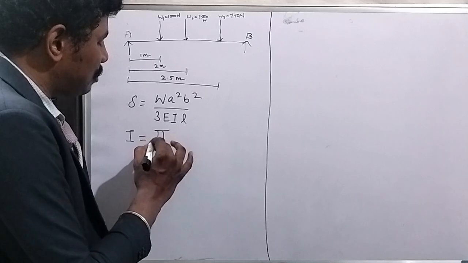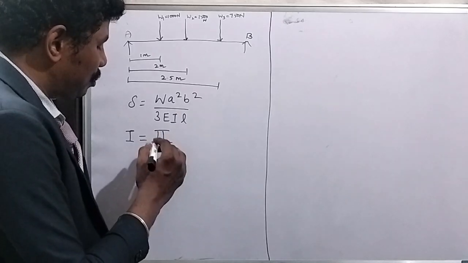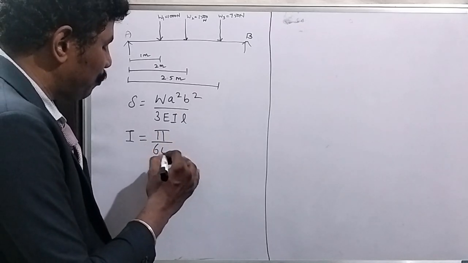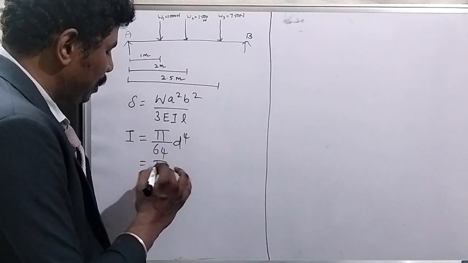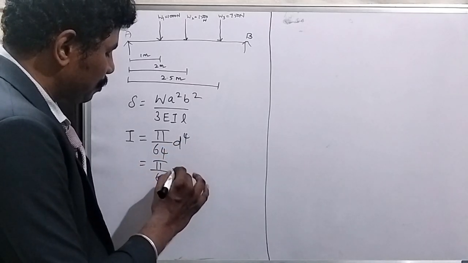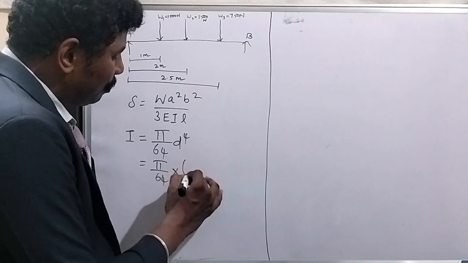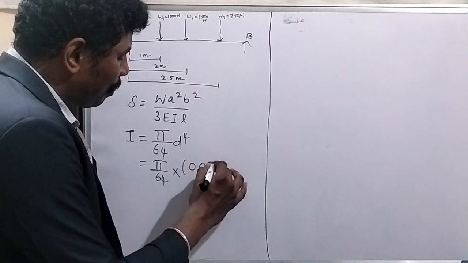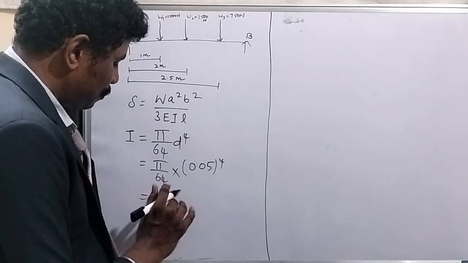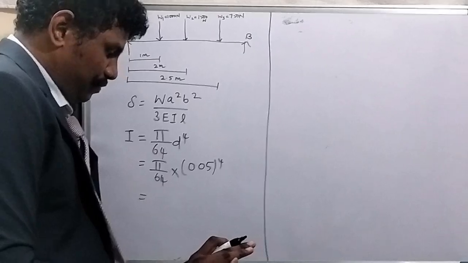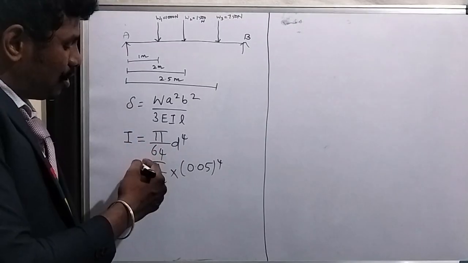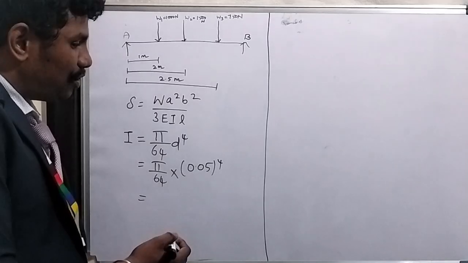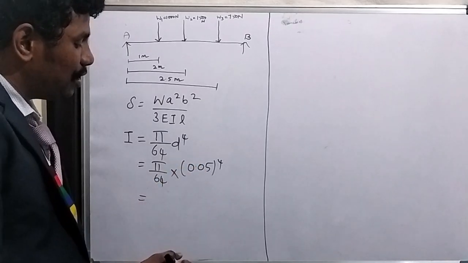Since it is a circular shaft, the formula is pi by 64 d power 4. So I is equal to pi by 64 into d power 4, where the value of d is 0.05 power 4.